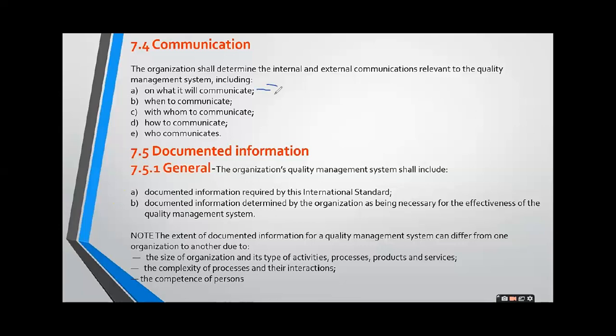What you can communicate here is you will identify the information which is relevant to the QMS that needs to be shared internally and externally. There are two parts. You are sharing it internally, and along with it, you are sharing it externally as well.